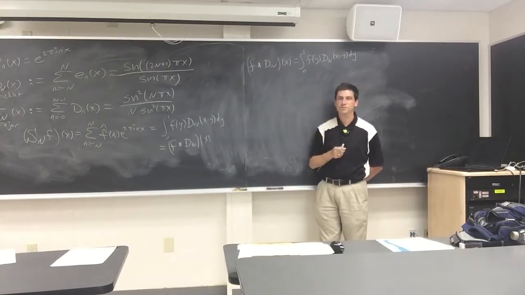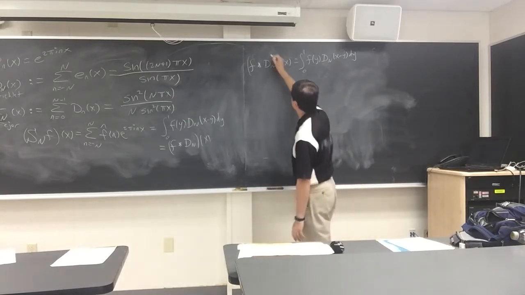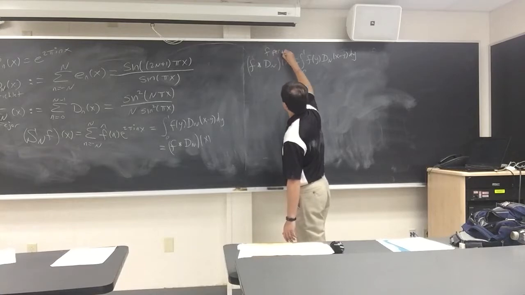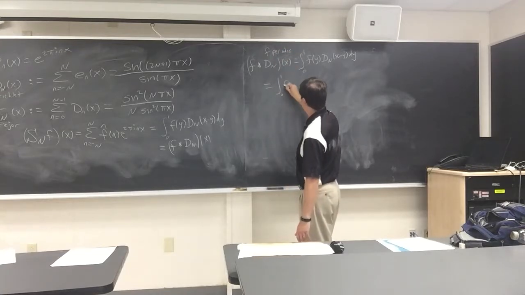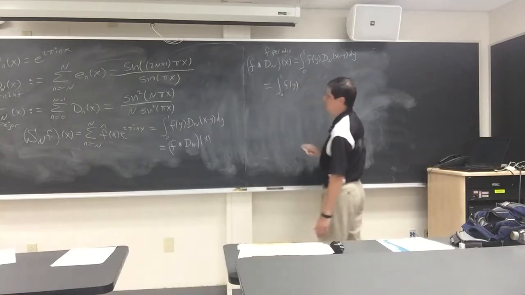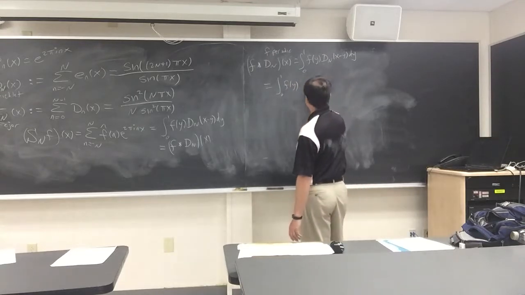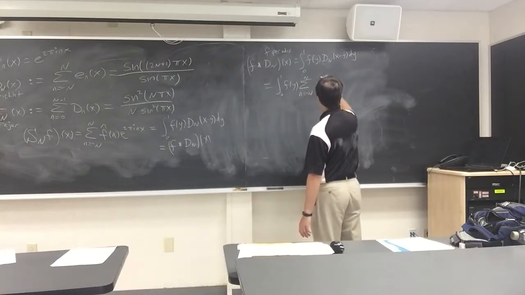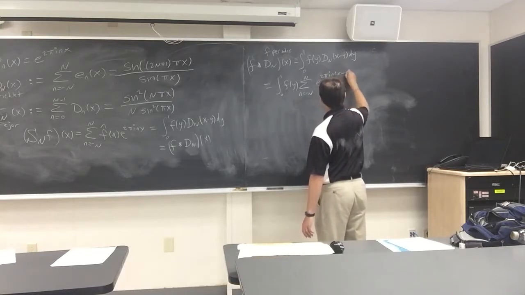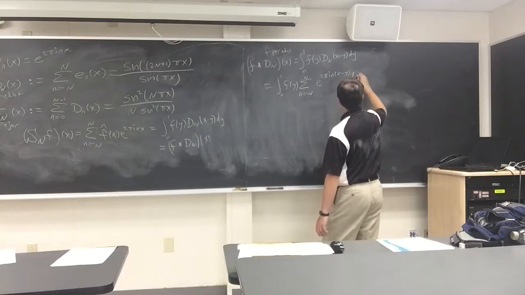We're assuming here that f is periodic, so we need f periodic. Let's see what we get. This is the integral from 0 to 1 of f of y. Now D_N is going to be the sum, n goes from minus N to N, of e to the 2 pi i n x minus y dy.